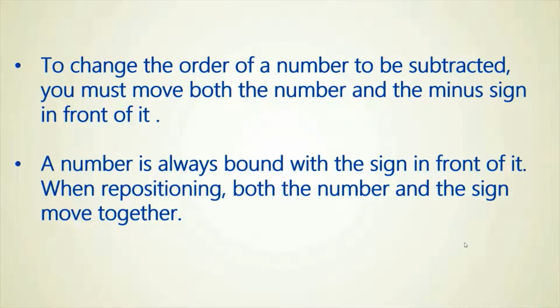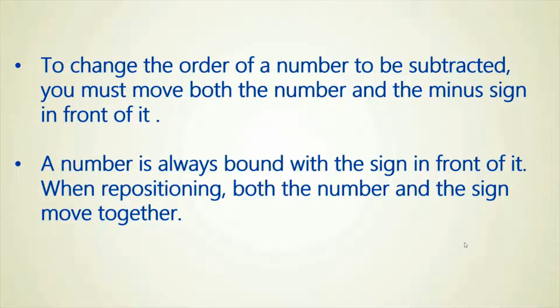Now, if a number is being subtracted instead of being added, can it still be moved around? Subtraction is not commutative. That is, 2 minus 1 does not equal 1 minus 2. So to change the order of a number to be subtracted, you must move both the number and the minus sign in front of it together.